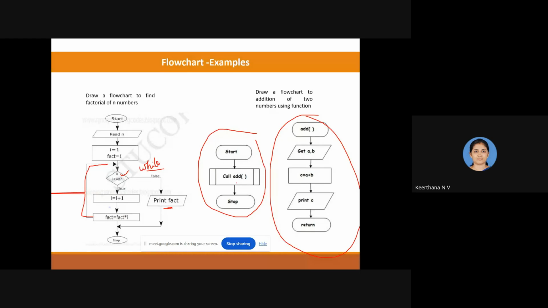This linking symbol is used if any function is called. This again is a submodule of a flowchart. It will be carrying an addition function operation while you are giving the return. It is a return and the calling function should be represented in an oval. After returning, it will be going here and the program is getting stopped.